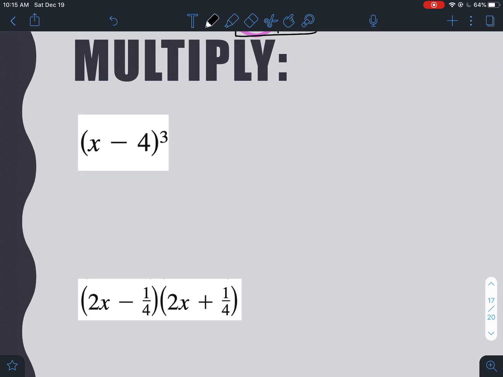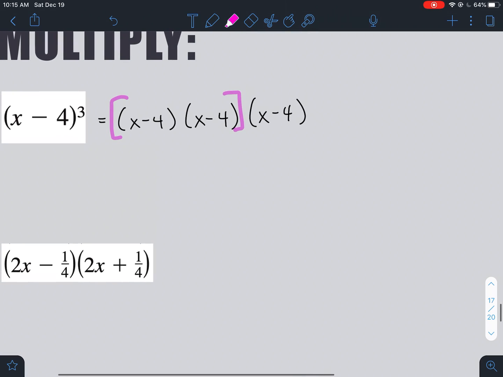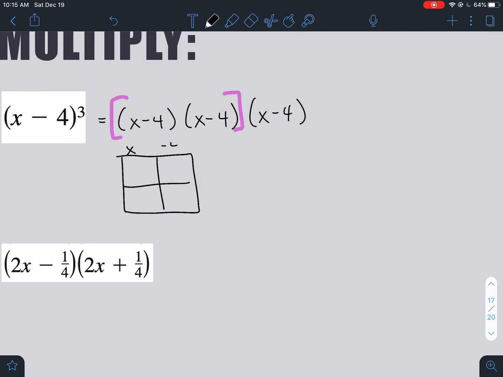All right, so x minus 4, cubed. We haven't done one like this. So this would be x minus 4 times x minus 4 times x minus 4. So we don't do a 3D box. What we're going to do is we're actually just going to multiply the first two x minus 4s first, and then we'll multiply by the last x minus 4 when we're done.